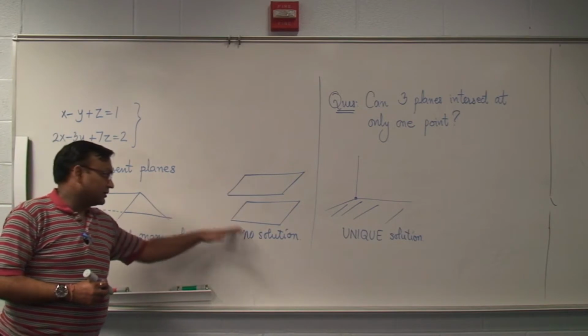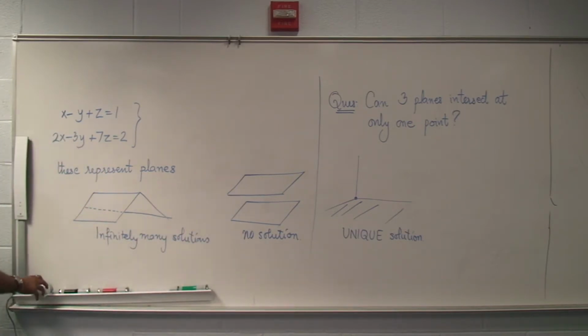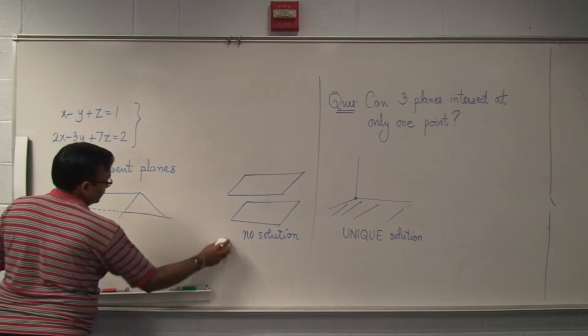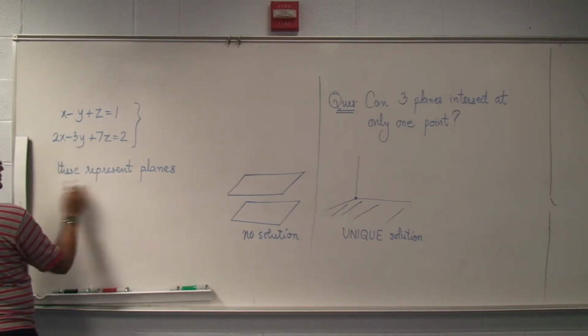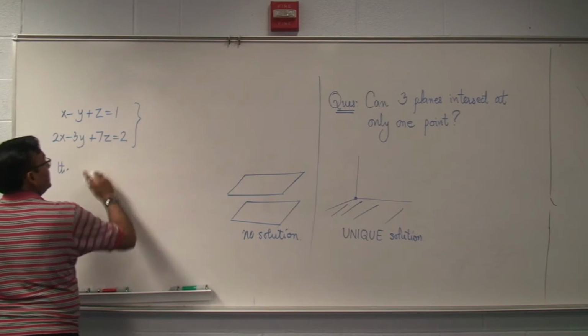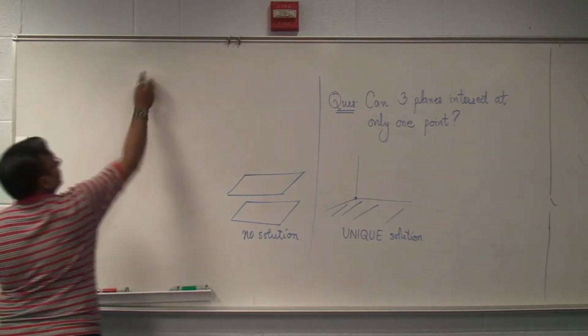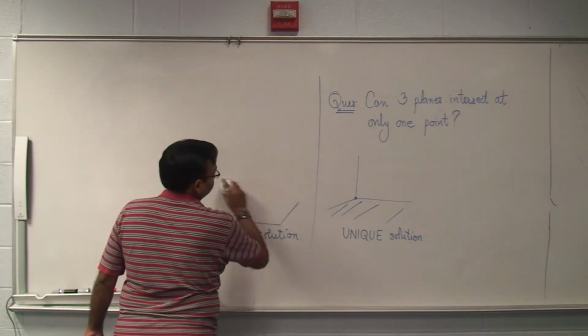Is the parallel condition the only way? Is it possible to have more than one way of having no solution? So 3 planes that are not parallel to each other pairwise, but still they don't have a common solution. Is it possible?